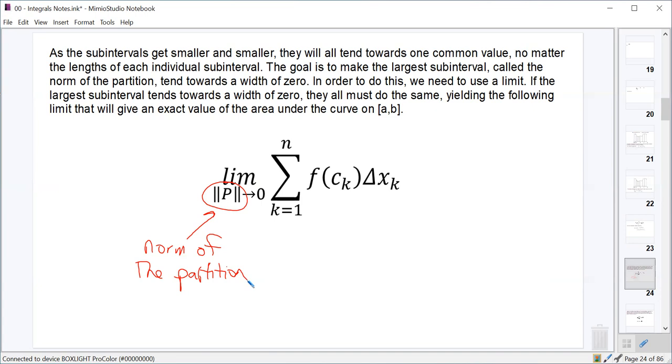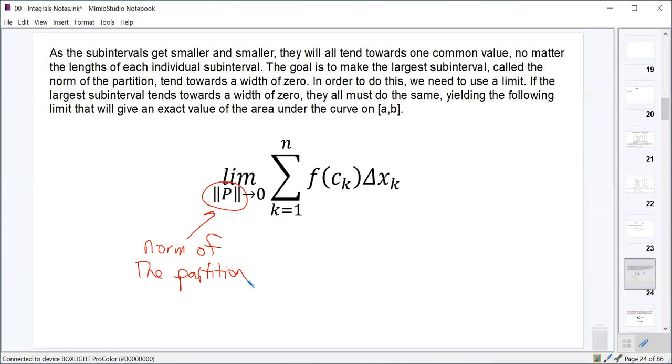And so if we can make the width of each subinterval equal to 0, then there should be nothing hanging out over the edges, or nothing that we're missing underneath the area of that curve. And we should then be able to get an exact value for the area under the curve.